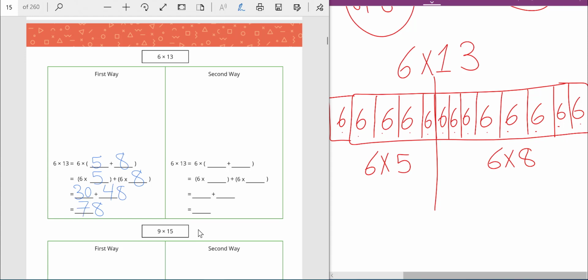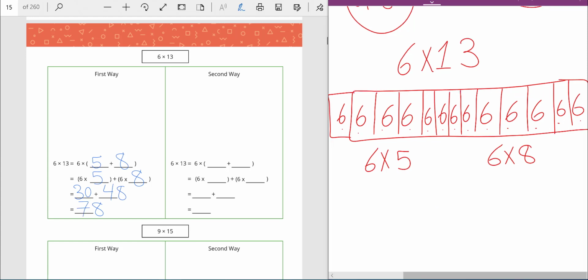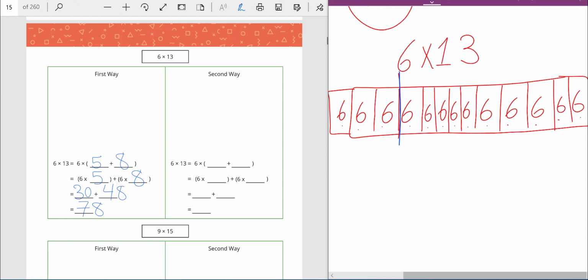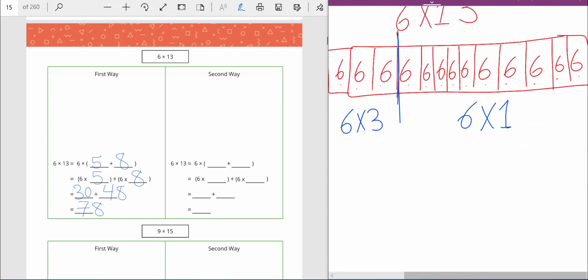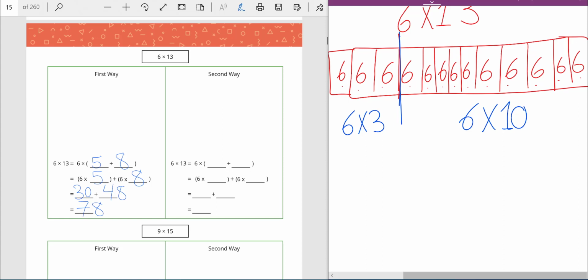Another way, we can distribute 1 2 3. So now we have 6 times 3 and 6 times 10.